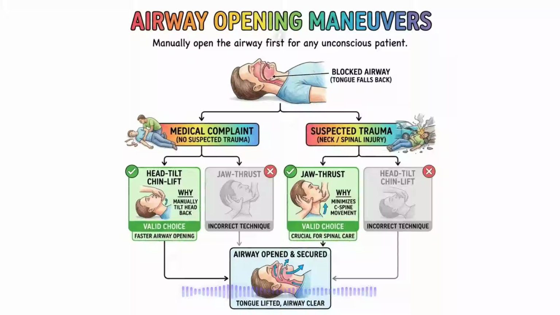The very first step in treating any unconscious patient is to manually open their airway, lifting the heavy tongue away from the back of the throat. If the patient has a medical complaint with no suspected trauma, you will use the head tilt chin lift maneuver to tilt the head back and open the airway.